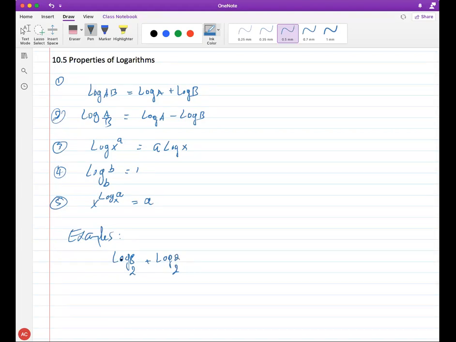Okay, so the question may say, turn these into 1 log and simplify. So we need to turn these 2 into 1 log and simplify.